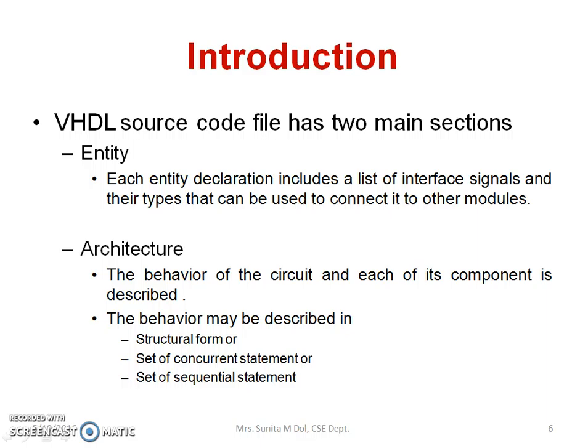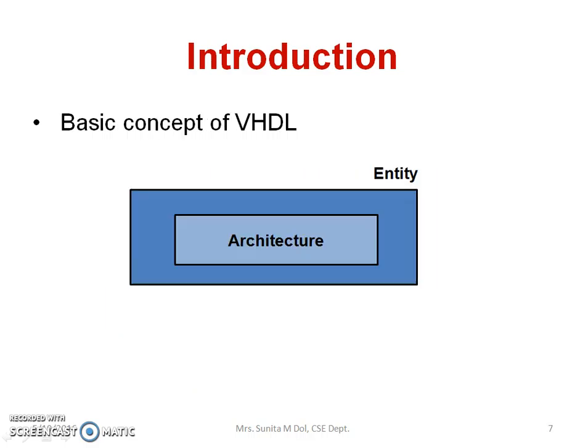Each entity declaration includes a list of interface signals and their types that can be used to connect it to other modules. The behavior of the circuit and each of its components is described in the architecture section. So the behavior may be described in structural form, the set of concurrent statement or the set of sequential statement.